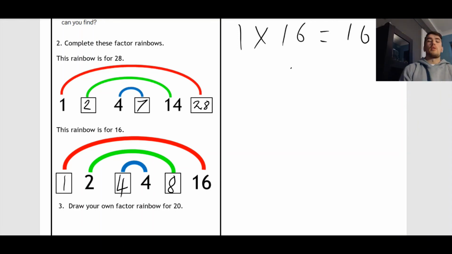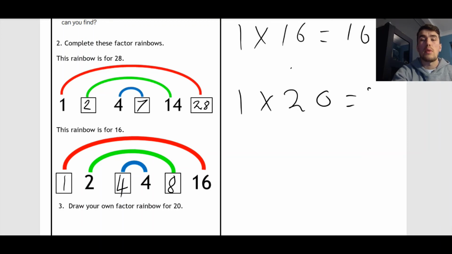Right, now, can you have a go at drawing your own factor rainbow for 20? Think about what numbers do you know that divide into 20? That's a really good starting point. And I always tell my students at home, start with 1. Every single number can be divided by 1 as long as it's a whole number. So how many 1s? 1 times 20 equals 20.